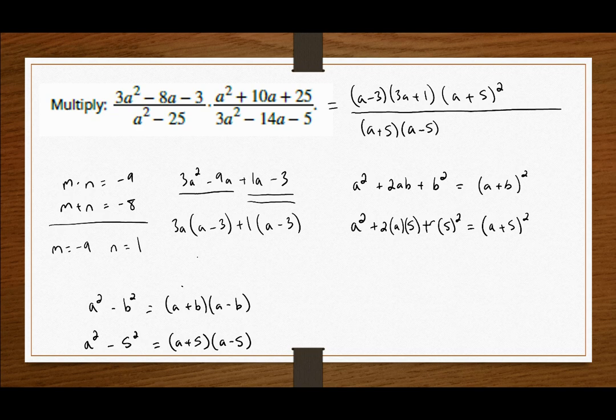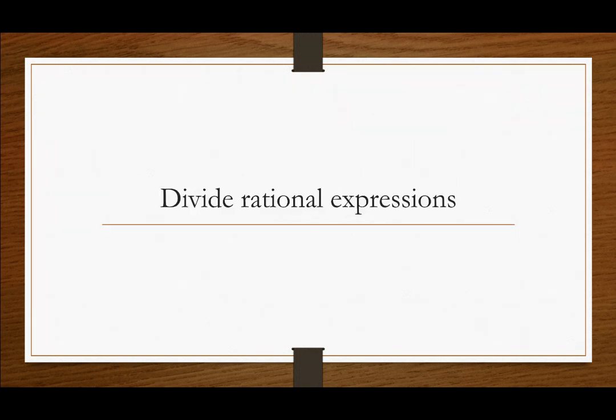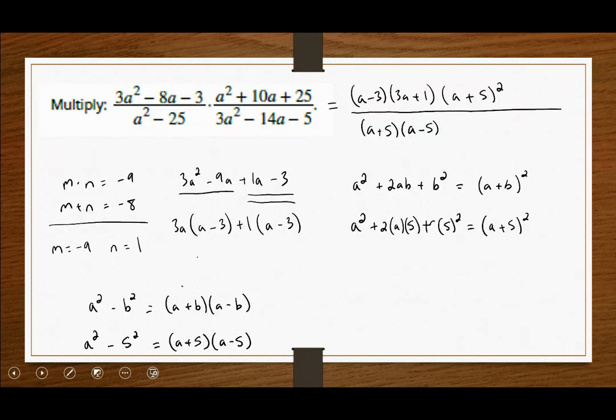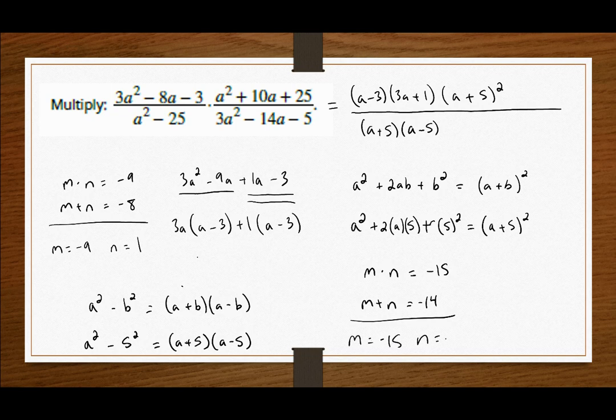Again, that last denominator, 3a squared minus 14a minus 5, I would need to identify, using the AC method, the appropriate values that satisfy the conditions: what values multiply together to give me -15, and also add together to give me -14. So sort of similar to before, we can use -15 and +1 for our terms.